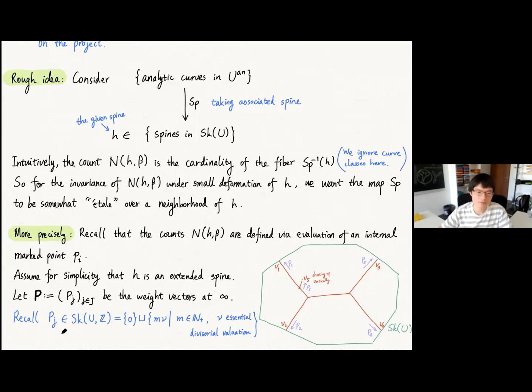Recall that each P_j is also an integer point in the essential skeleton. And we have an explicit description for the set of integer points in the essential skeleton, which is just 0 union positive integer multiples of essential divisorial valuations.